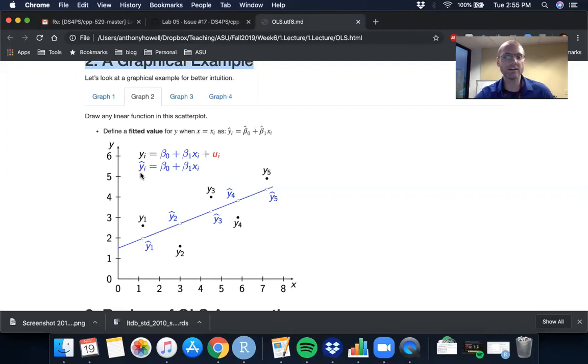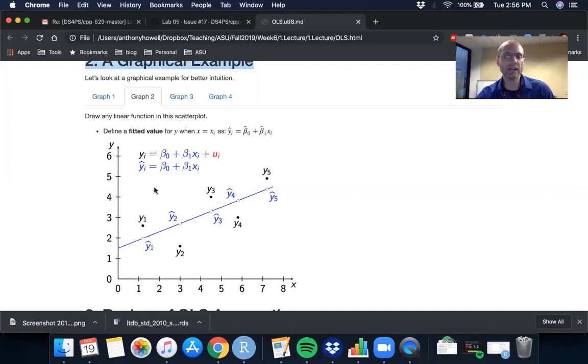So the idea here is that this line that we've just drawn, the blue line, is modeled after this equation. Our yi hat is going to be the points on the line that match our data points.